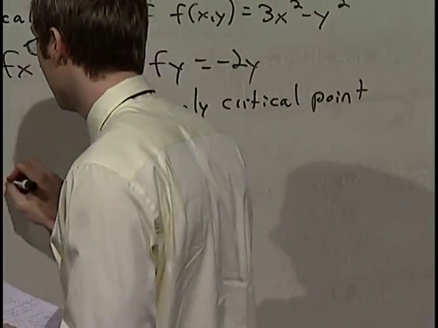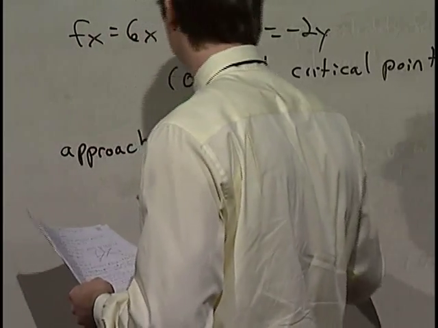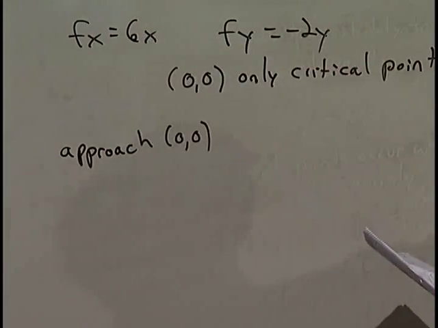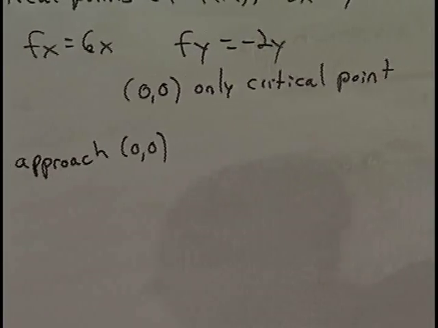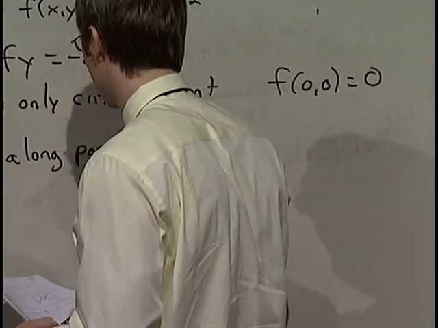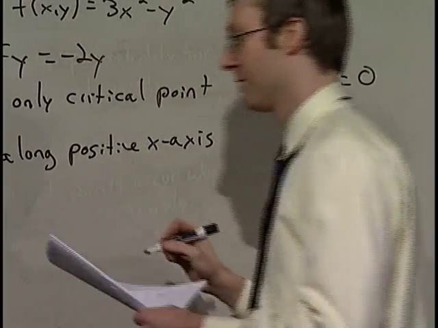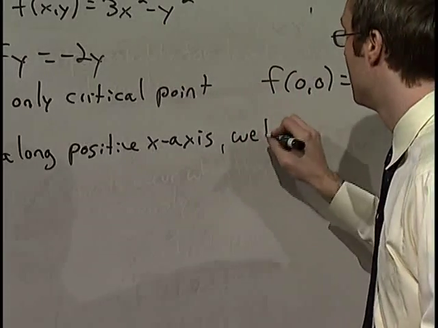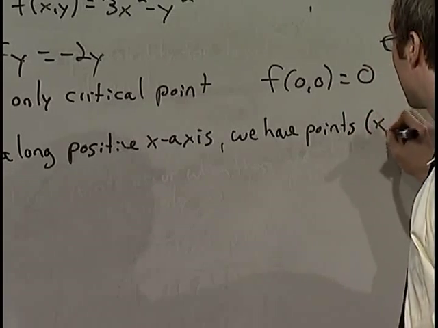If you approach the point (0, 0), also it's worth noting up here that f(0, 0) is certainly 0, right? So as you approach (0, 0) along the positive x-axis, what do you have? You have points that look like (x, 0).